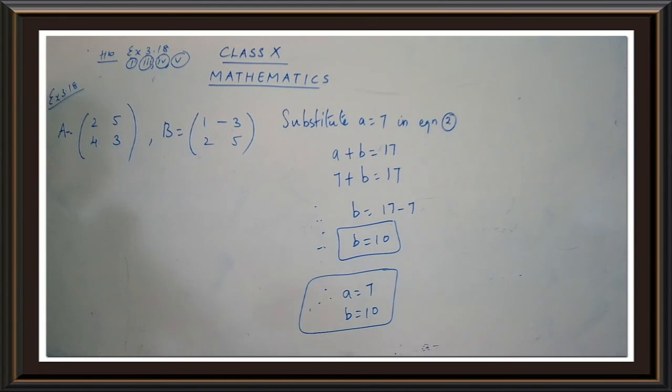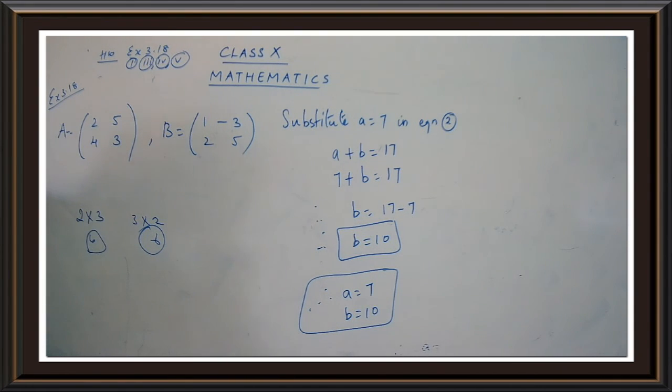We have studied in algebra that multiplication is commutative: if I take 2 into 3 and 3 into 2, I get the same answer. But this is not so in the case of multiplication of matrices. I'm not saying it will never be equal, but we cannot say that multiplication of matrices is commutative.